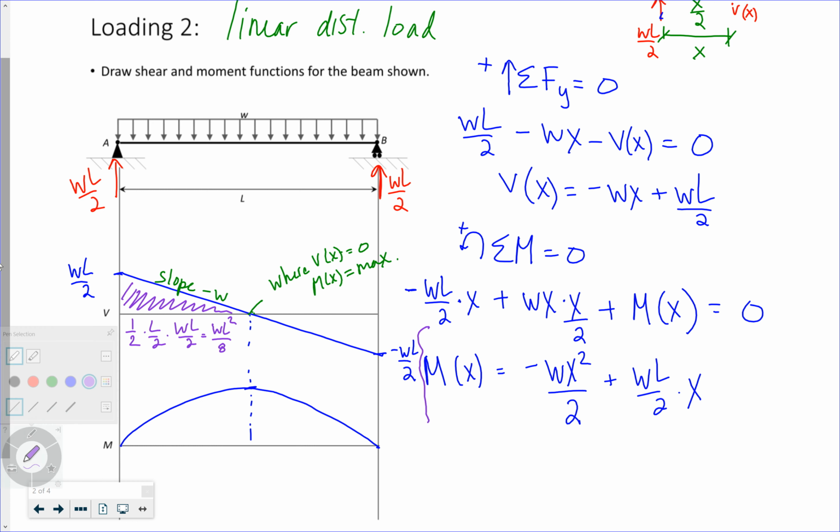And what is the value of M of x equal to L over 2?